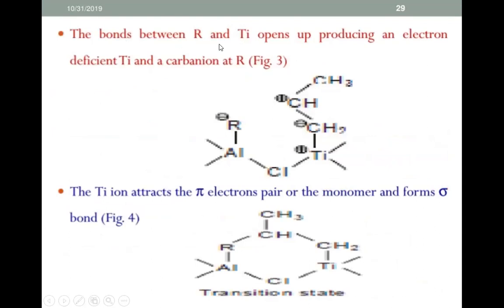The bond formed between the R and the titanium opens up, producing an electron deficient titanium and a carbanion at R. And this titanium attracts the pi electron pair of the monomer and forms a sigma bond.